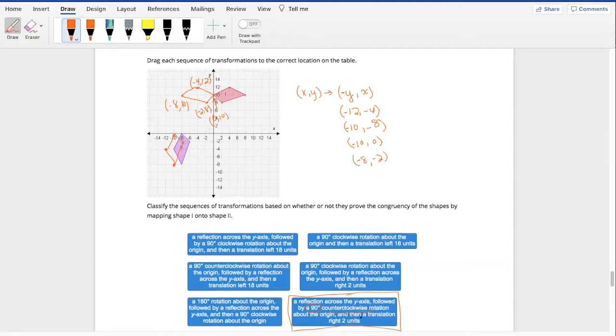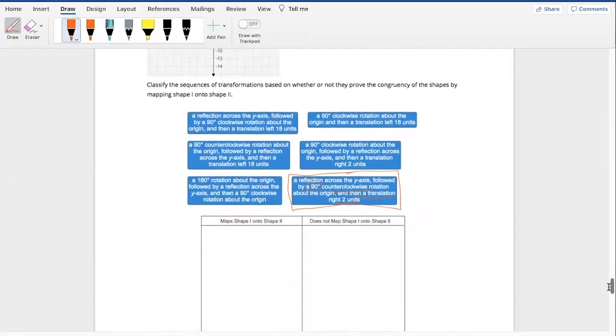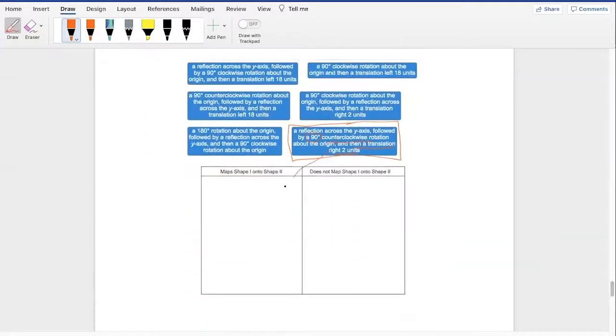However, it does say then a translation right 2 units. So a slide, and again, our scale is going by 2. If I just shift that over the 2 units, then yeah, that's going to match up exactly, and those would be congruent. So I would place that one into the yes, it does map shape 1 onto shape 2.